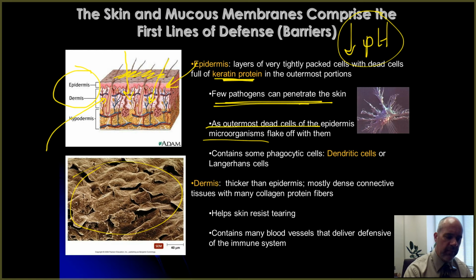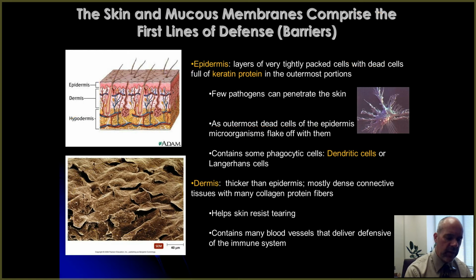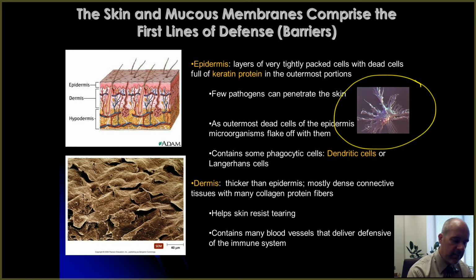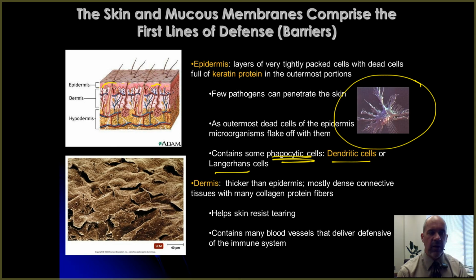And when you take Biology 201, you do learn a little bit about how you have these spidery looking cells that live up here in the epidermis, and they're capable of doing phagocytosis. They're called dendritic cells or Langerhans cells, and yes, it is the same Langerhans as in the islets of Langerhans in your pancreas, where the cells are located that make your insulin and glucagon hormones.